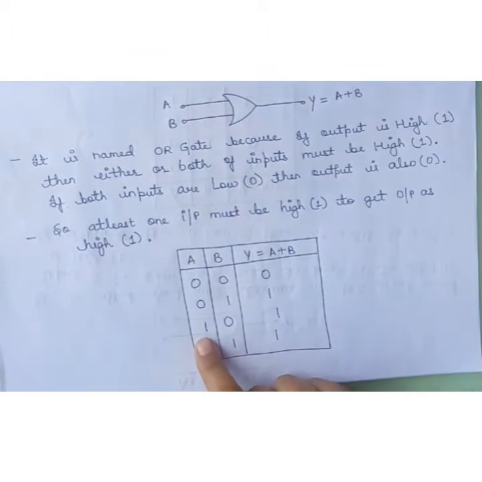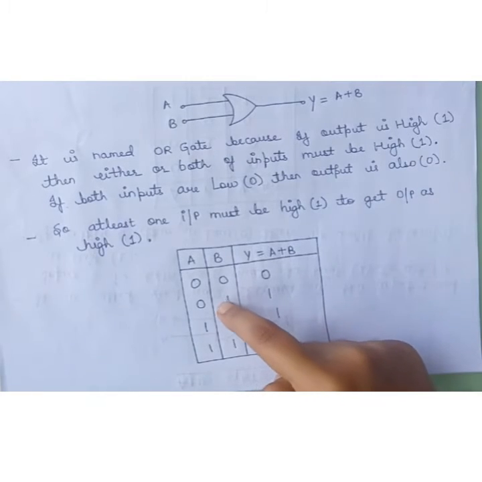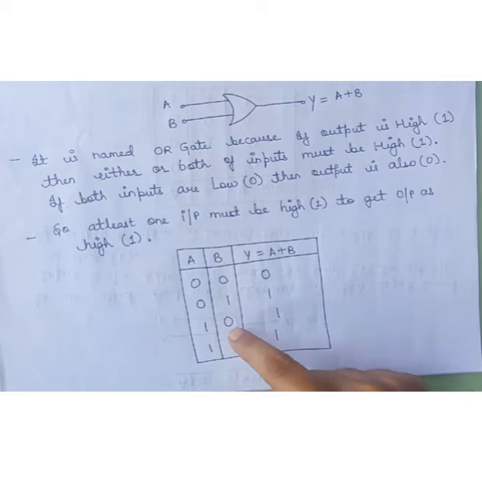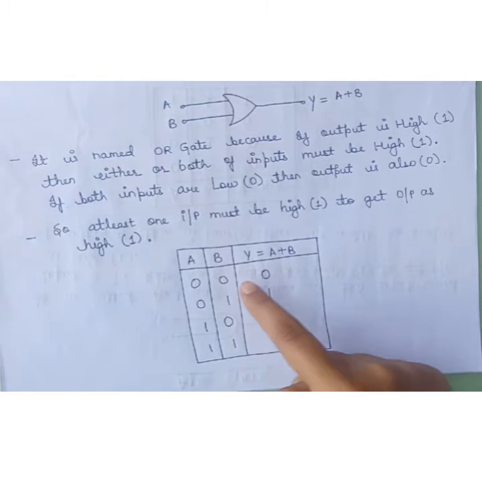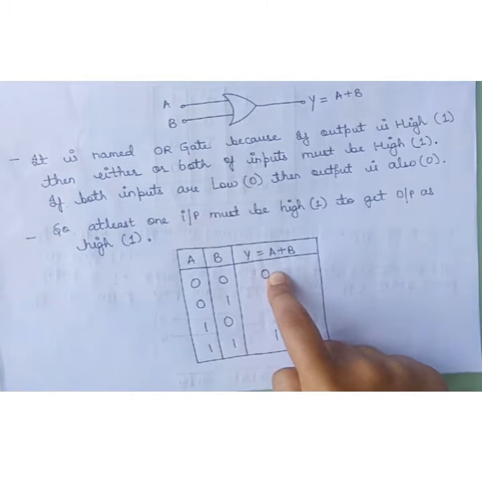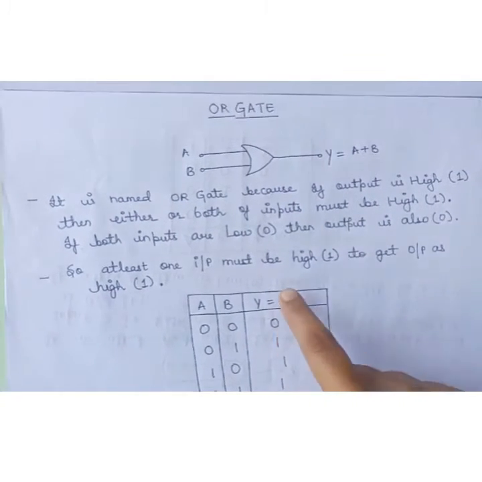Next, if we give A input as 1 and B input as 0, then 1 plus 0 is 1. So the output is 1. And next is, if we give both inputs as 1, then also we get output as 1. So here you must understand one thing, that there must be at least one input that must be high so that the output must be high. If we give both inputs as 0, then our output will be 0. So this is called as OR gate.